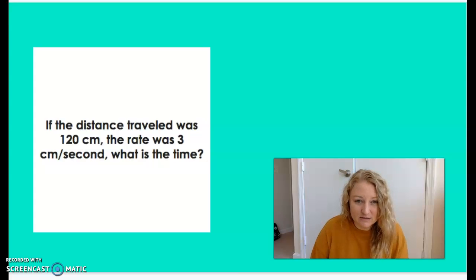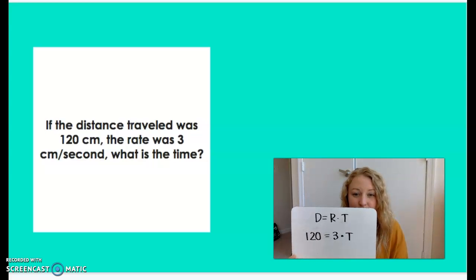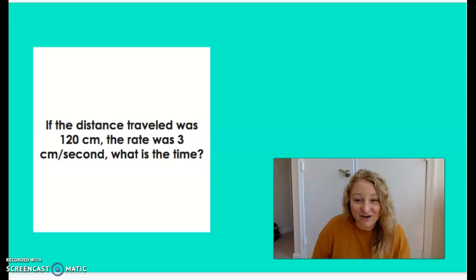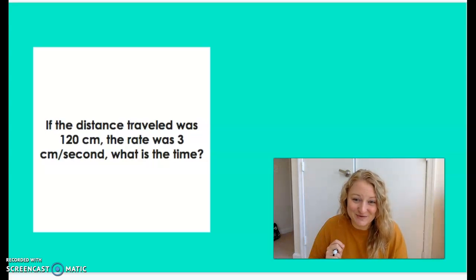I know the rate is 3. And I'm trying to find the time. So write down what you think this equation would look like. And I'm going to hold up my board and let's see if they match. Awesome. All right, go ahead and solve, and I'll solve too, and then we'll compare answers.